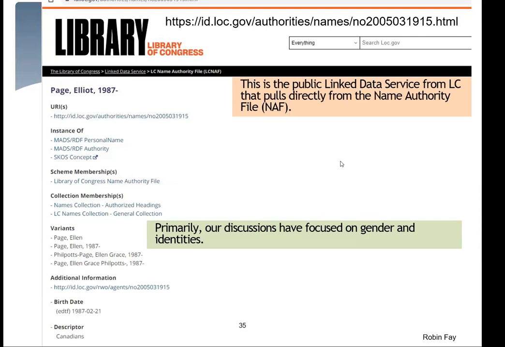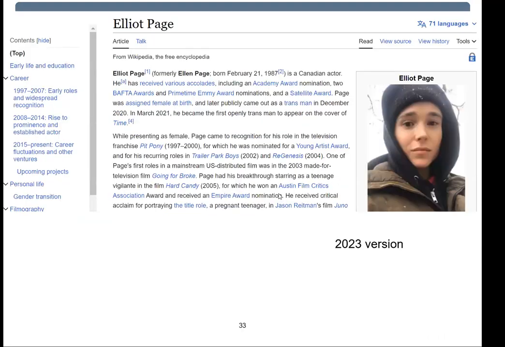This is the public linked data service from LC, which pulls directly from the name authority file. It's less focused on that contextual information that we have in Wikipedia.